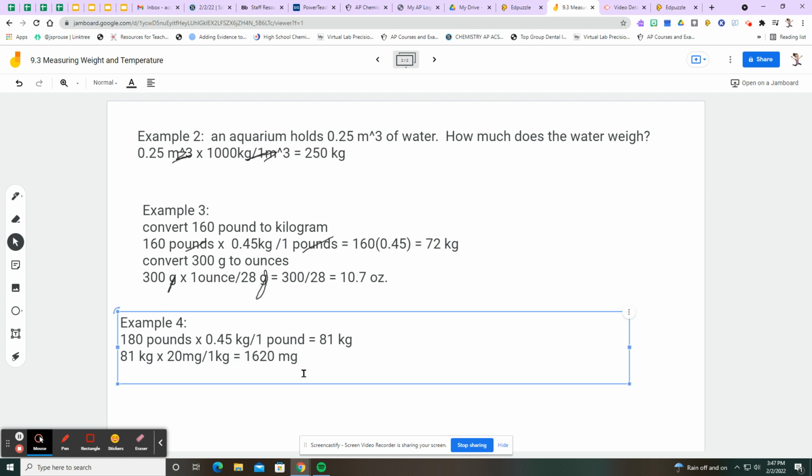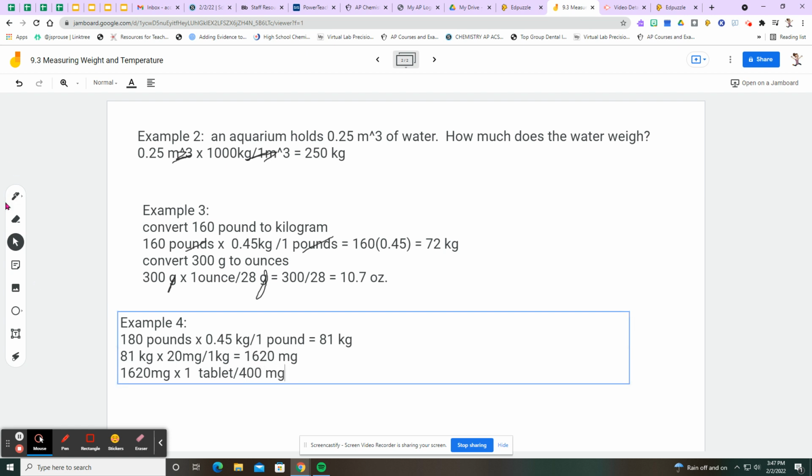And the third step, you've got to figure out how many tablets that is going to be. So I'm going to take the 1,620 milligrams and divide it by the fact that each tablet is 400 milligrams. So let's do it this way: 1,620 milligrams times 1 tablet per 400 milligrams.